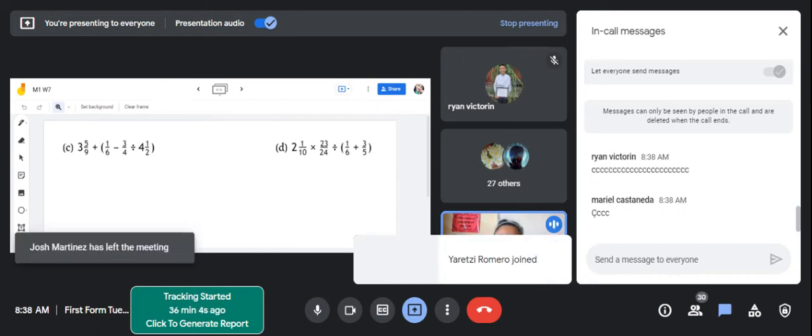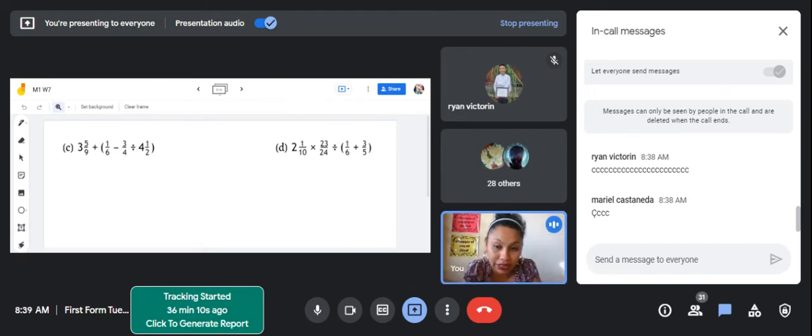Both of these questions are a little bit difficult because if you take a look at C, C has three fractions inside of the bracket, right? So then you need to do order of operations inside of the bracket and then order of operations outside of the bracket, right?